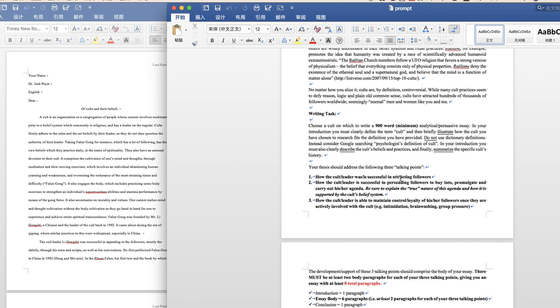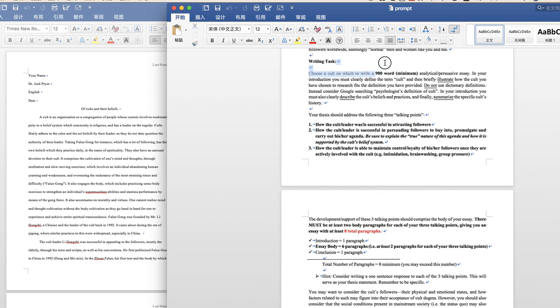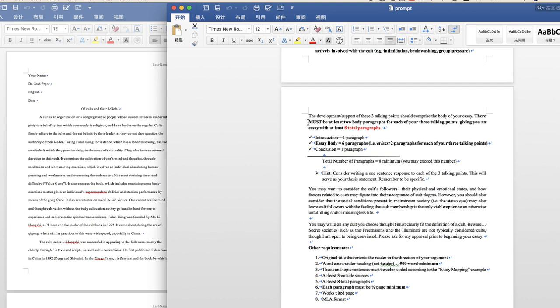When you read the prompt, you would find the professor said 900 words minimum, and your thesis should address the following 3 talking points. There must be at least 2 body paragraphs for each of your 3 talking points, giving you an essay with at least 8 total paragraphs.